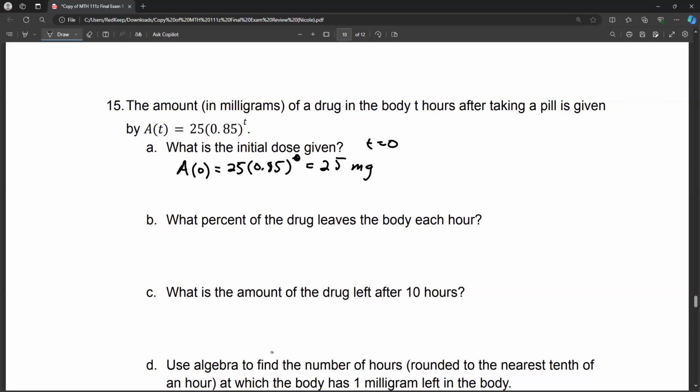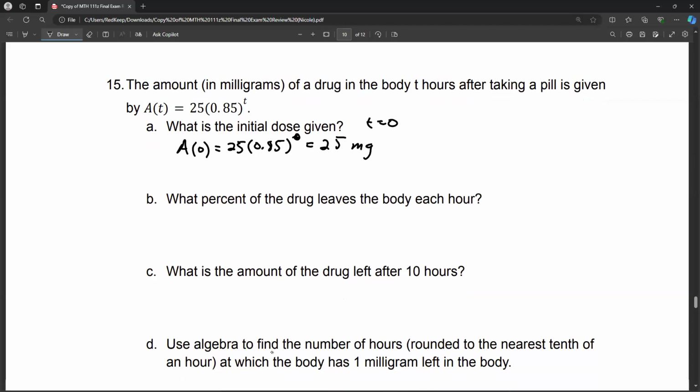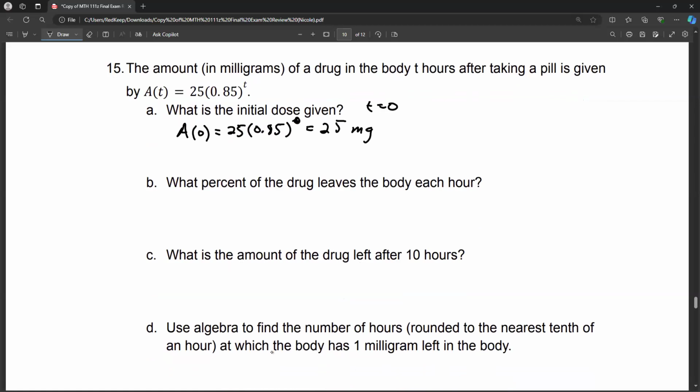All right, part B is asking us what percent of the drug leaves the body each hour. This has to do with the rate, the R value. We saw that this equation in general will have 1 plus R on the inside of the parentheses, and the inside of the parentheses here is equal to 0.85.